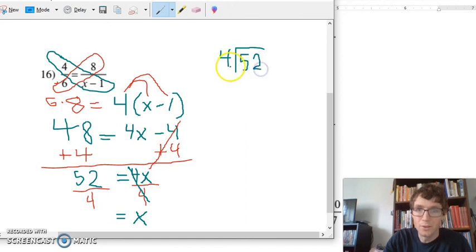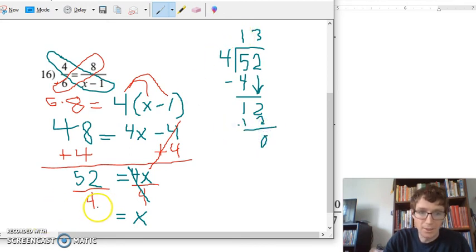How many times is 4 going into 5? That would be once. 1 times 4 is 4. Bring down, and I subtract. This is 1, then I carry down my 2. Then how many times is 4 going into 12? That's 3. So 4 times 3 is 12, subtract, then you get 0.